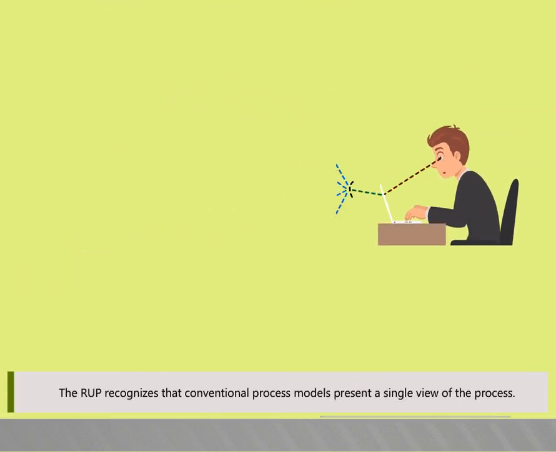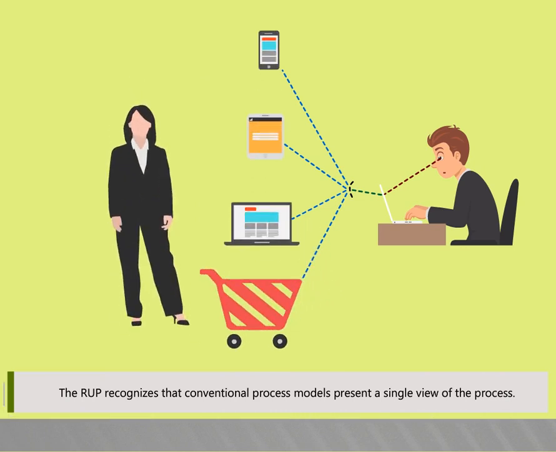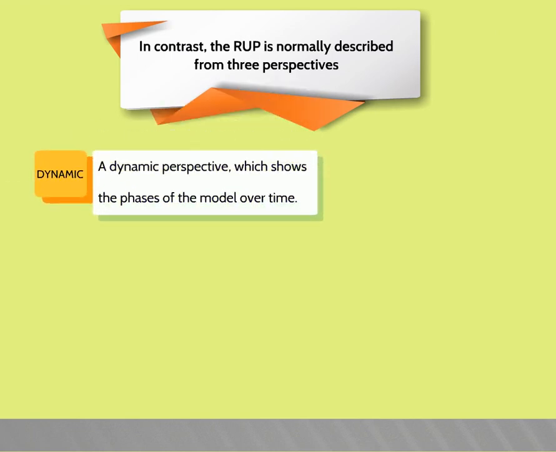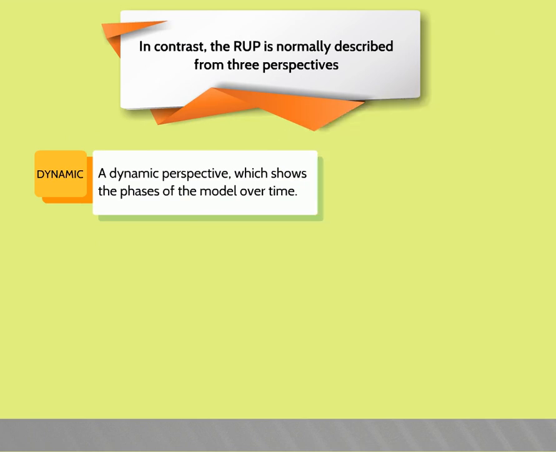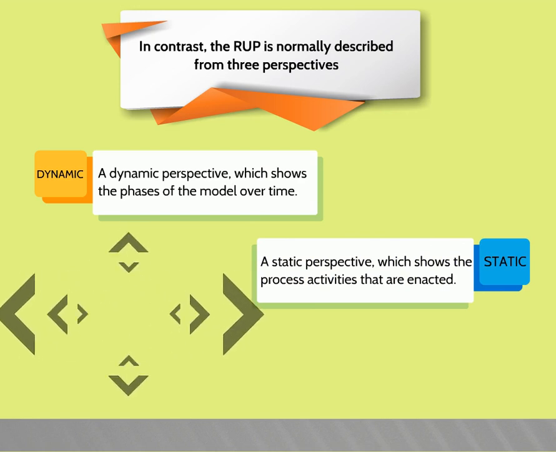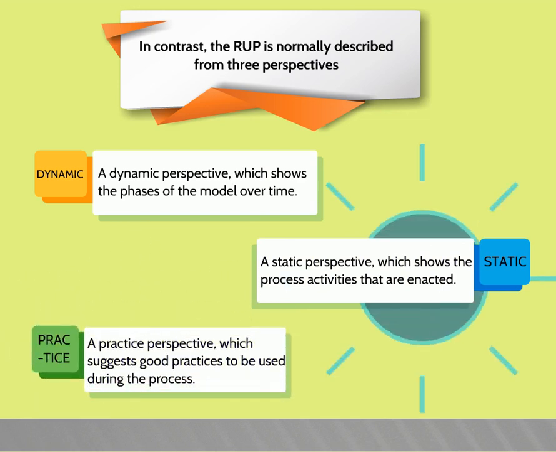The RUP recognizes that conventional process models present a single view of the process. In contrast, the RUP is normally described from three perspectives: a dynamic perspective, which shows the phases of the model over time; a static perspective, which shows the process activities that are enacted; a practice perspective, which suggests good practices to be used during the process.